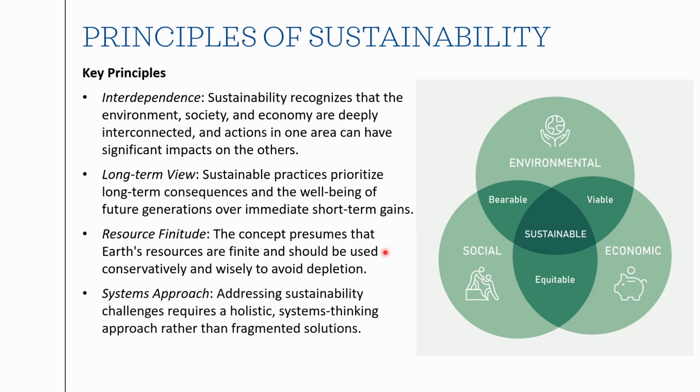And then, of course, the systems approach, which is basically looking at our world as an ecosystem, right? So we understand that everything's linked together, and so any solutions or policy we come up with, we want to make sure it's not fragmented, but really encompasses all three dimensions of sustainability.